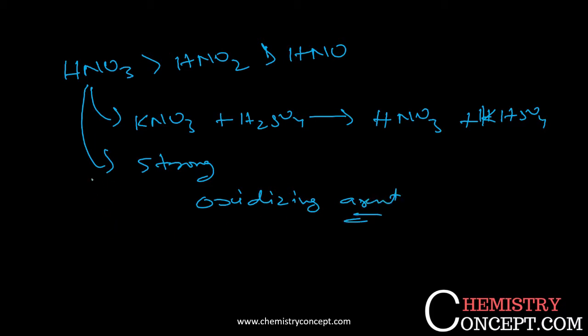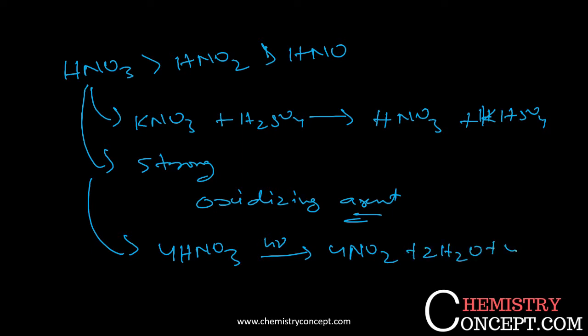And this acquires a yellow color in the presence of sunlight, because HNO3 in the presence of sunlight decomposes to NO2, water and oxygen, and because of this only we get it in yellow color. So these are the chemical and physical properties of nitrogen and the nitrogen family in detail.